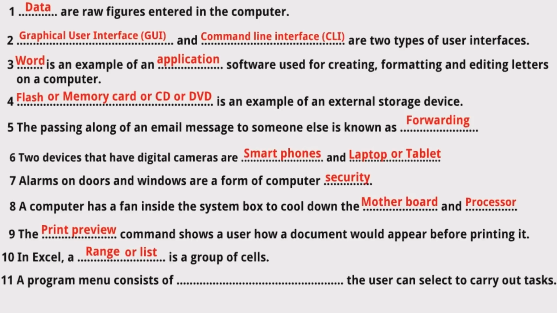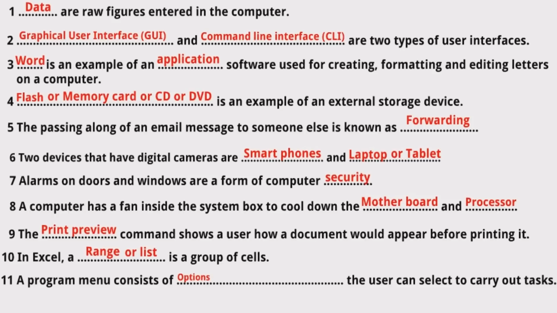So question 11 is as follows. A program menu consists of dash the user can select to carry out the task. So the correct answer there on 11, the common one, is options.